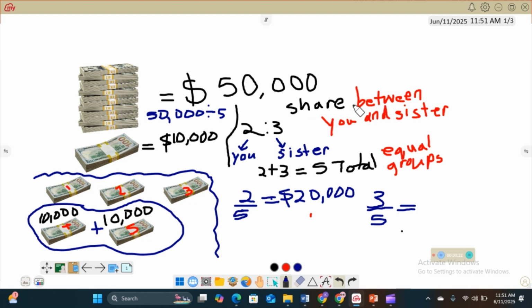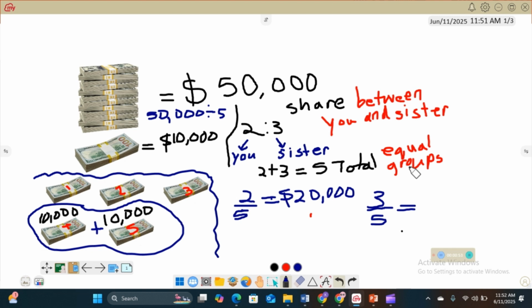So when we look at the ratio, we have to establish that before you start sharing money between the given ratio, you have to find the total of the ratio. Because you have 2 and 3, 2 plus 3 is 5. So because it is 5 for the total, we're going to have 5 equal groups. So you have to group the money before you share the money.